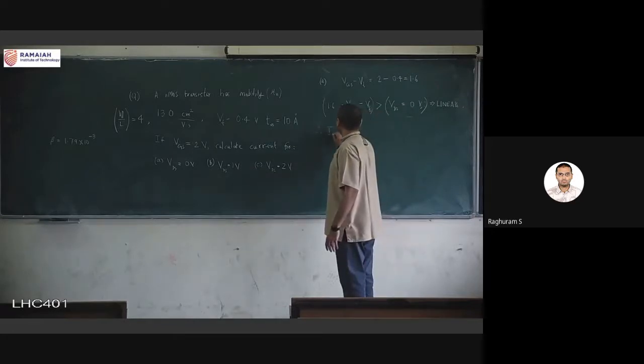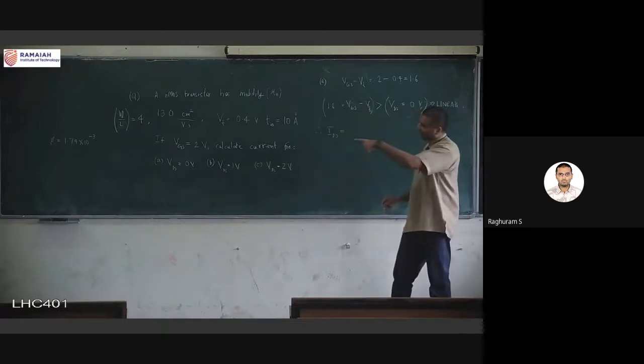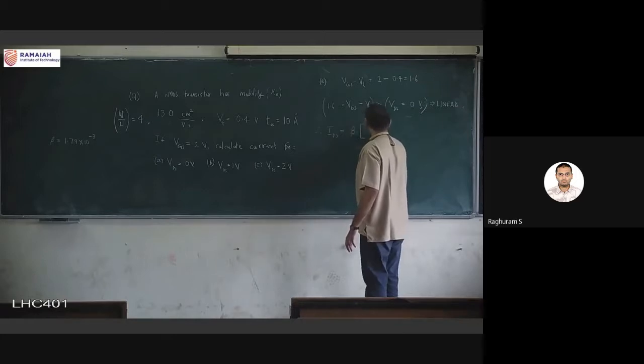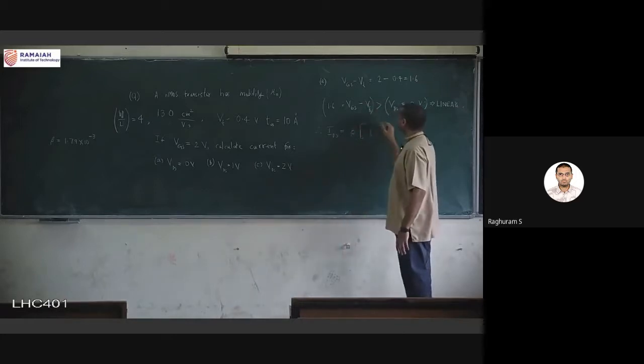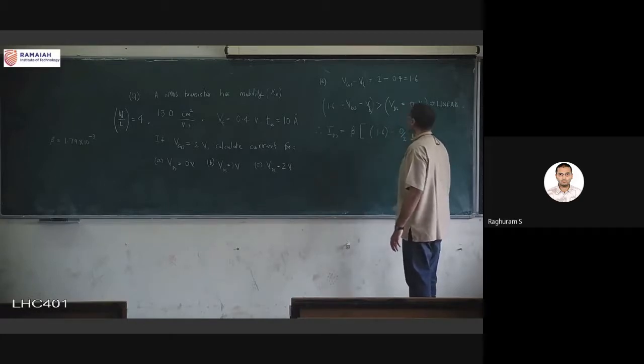Therefore, IDS equal to mu n Cox into W by L, that part already I will have as beta, into VGS minus VT 1.6, VGS minus VT minus VDS by 2, into VDS.